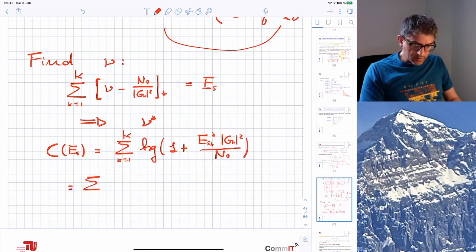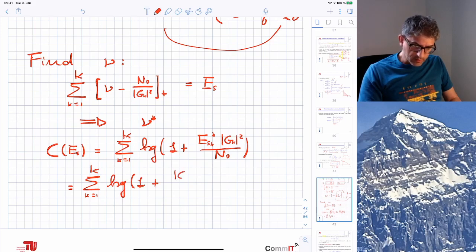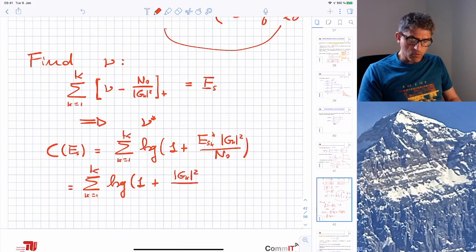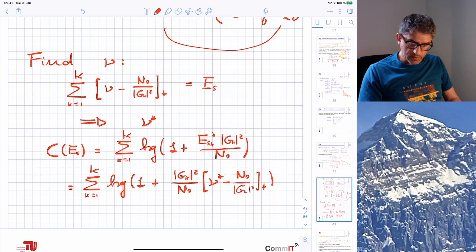So we can write this, replacing the expression of E_k, as follows. And here we put nu star minus n0 divided by g_k squared with a plus.